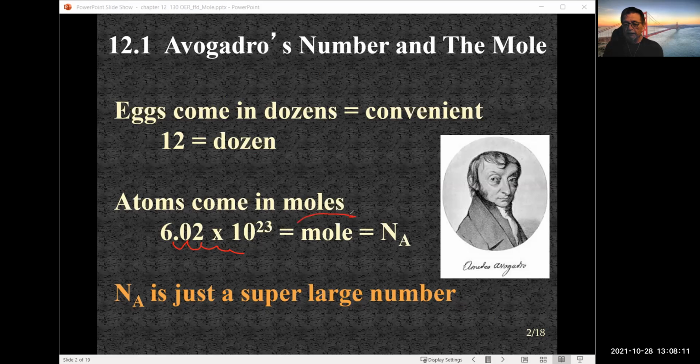Now, the other aspect about that unit of a mole is that it is our common factor that we need when we go from chemical A to chemical B in a chemical reaction calculation. The common factor is a mole.